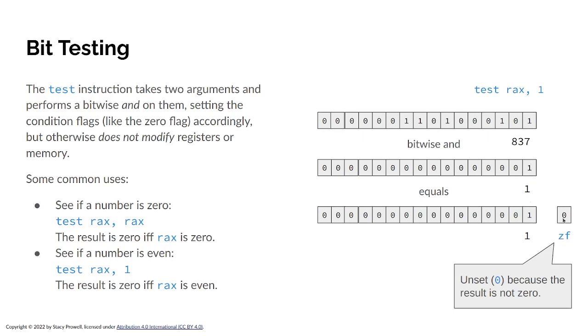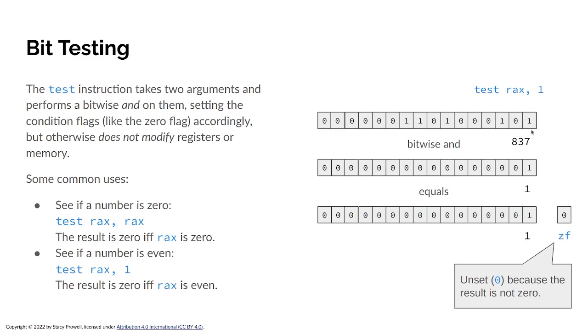So I can check by just doing a test, in this case of RAX and 1, and then checking to see if the result is 0. If the result is 0, then the initial thing must have been even. There must have been a 0 in this position. If it's not 0, the initial one must have been odd.